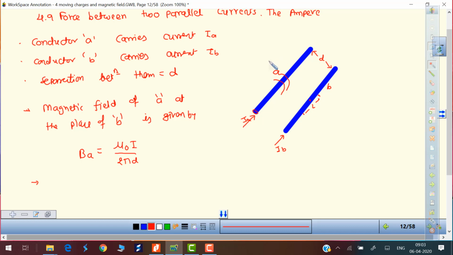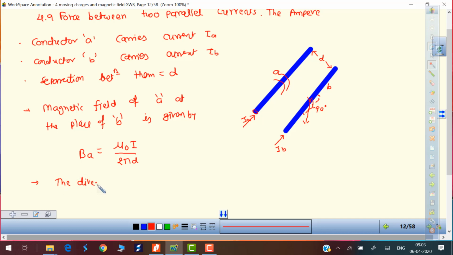So toward the right side it is downward and toward the left side it is outward. Understood? Here it is downward, so here the magnetic field will be downward. What is the angle between them? 90 degrees.